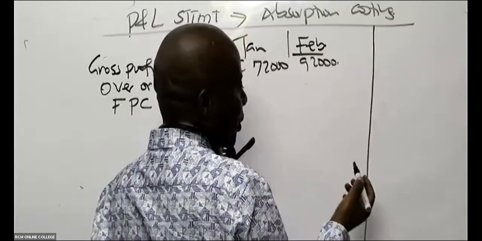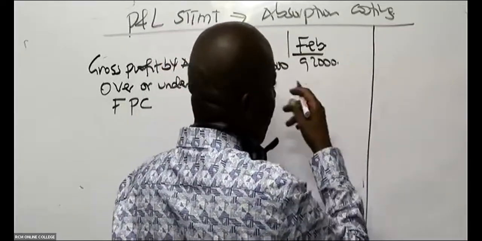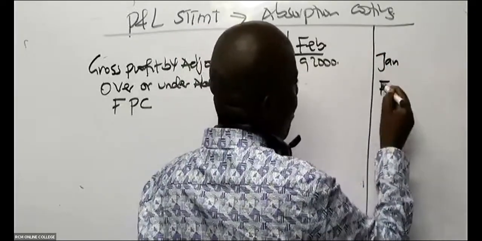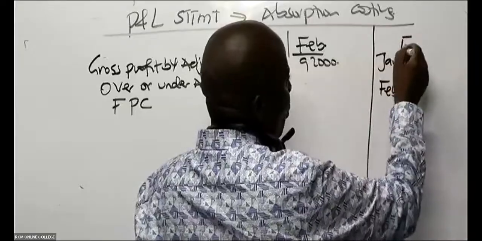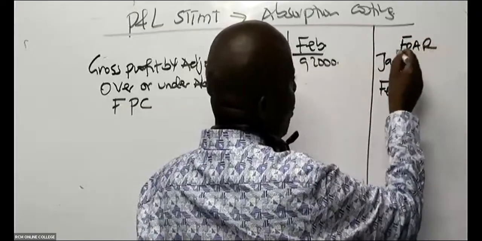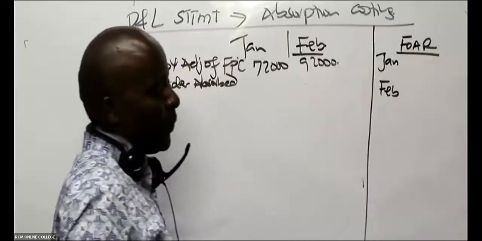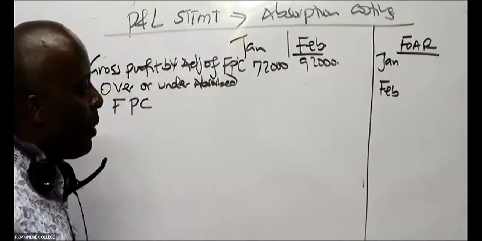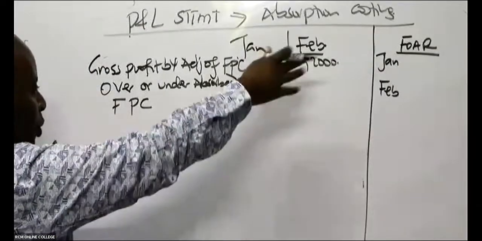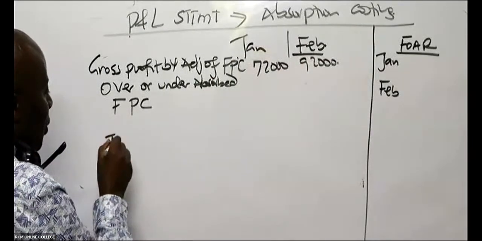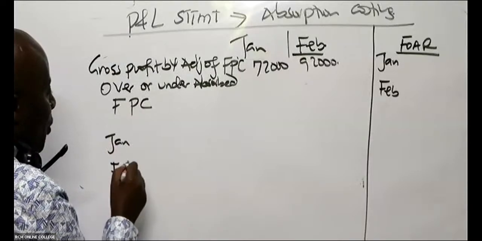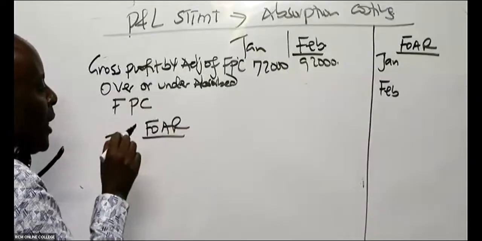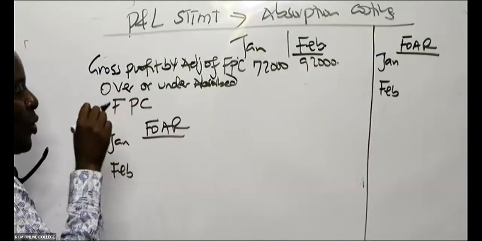Remember, we have our 2 months, January and February. We have our fixed overhead absorption rate, which you got by taking 20,000 over 10,000.